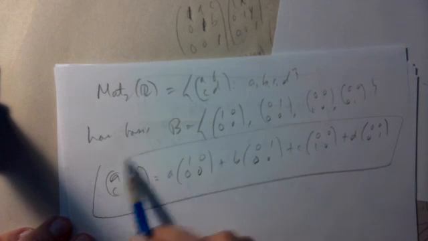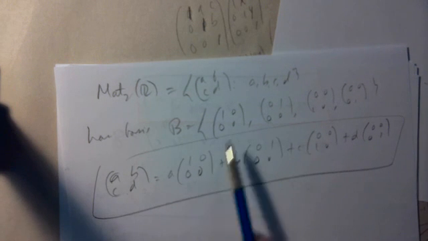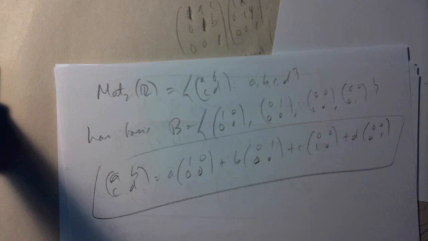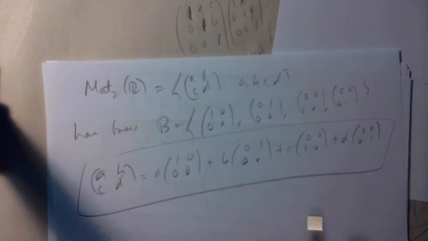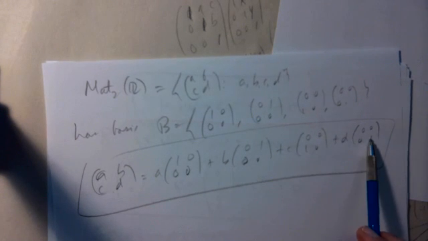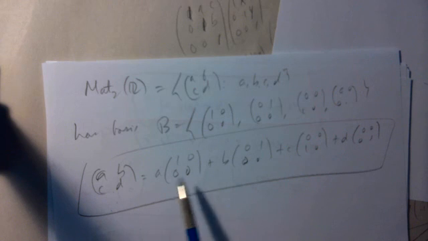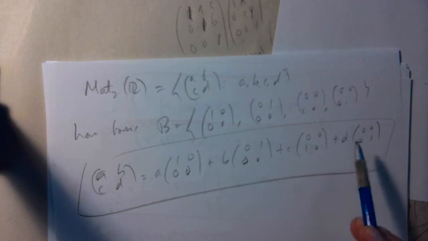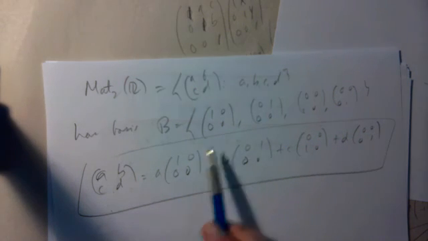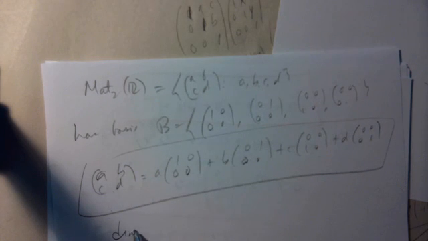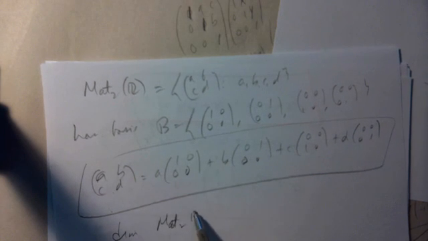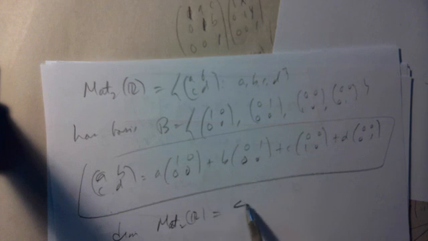So this formula expresses every matrix as a linear combination of these four. And conversely, by this formula, if a linear combination of these four matrices is the zero matrix, then a, b, c, and d have to be zero. So this is the basis, and the dimension of the vector space of 2 by 2 matrices is 4.